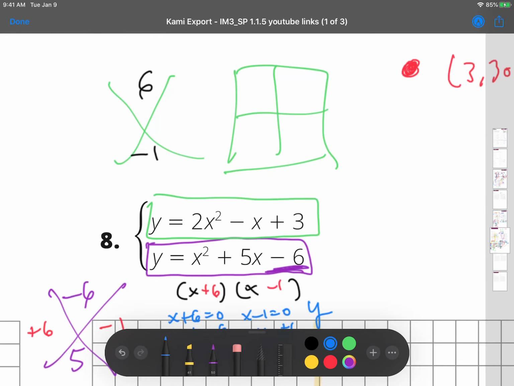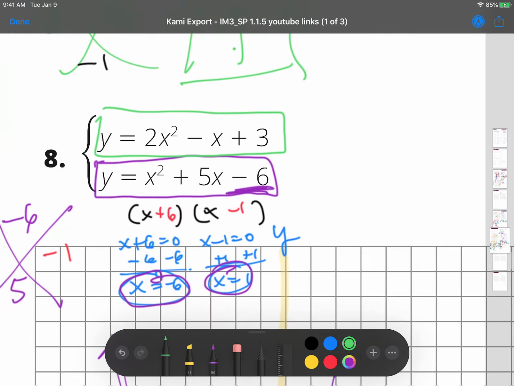Let me double check and think in my head. -2, -3, negative. You need a positive, right? Two numbers. 6 and 1, 3 and 2. But if I did 3 and 2, maybe you have to make one of those negative or both negative. Yeah, it's prime. Okay, what does that mean?